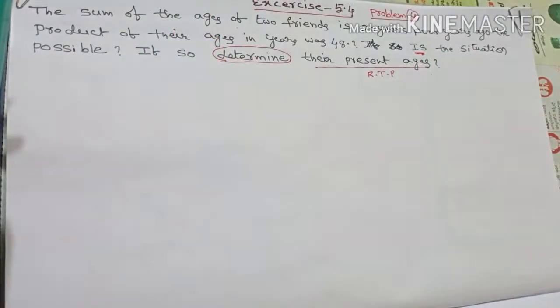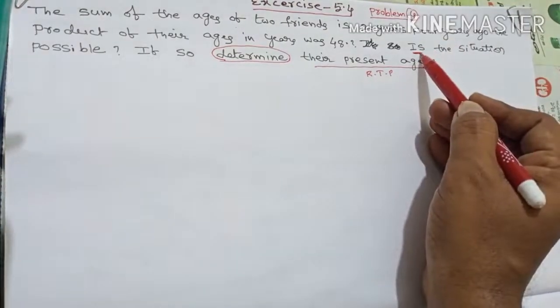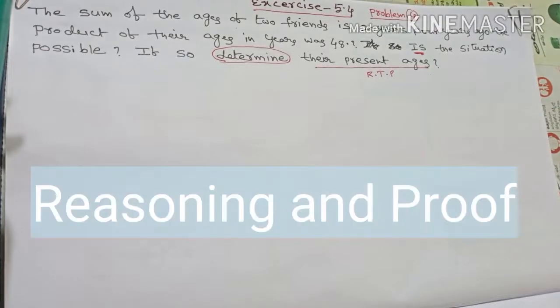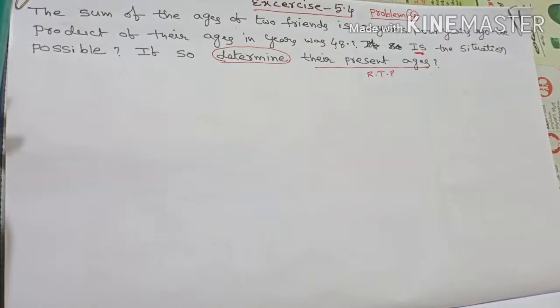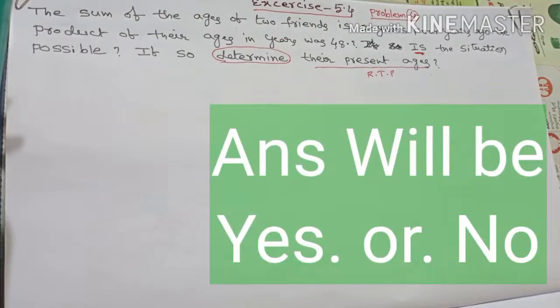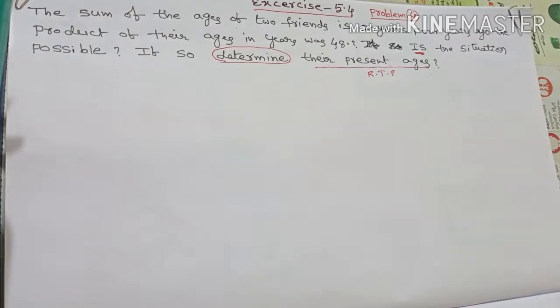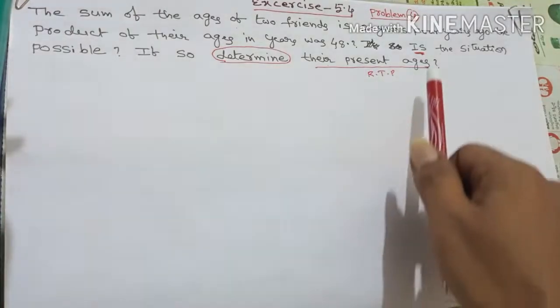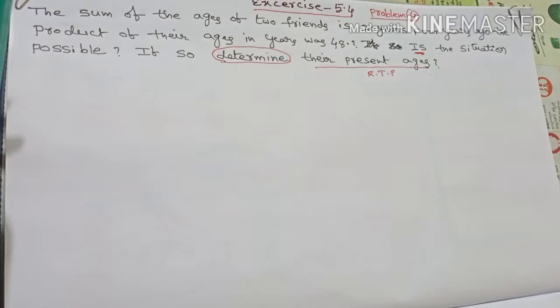So in mathematics, if you find any question that starts with is, this comes under the reasoning and proof academic standard. It is one of the most important academic standards in public examinations. These types of questions have the most priority in public examinations. So whenever you find a question that starts with is, this comes under reasoning and proof.